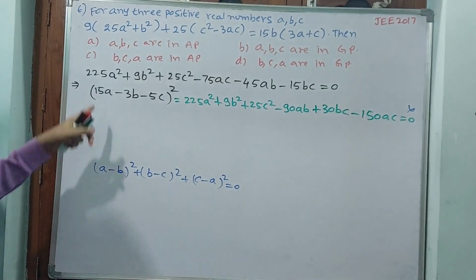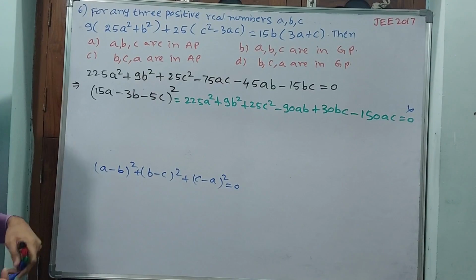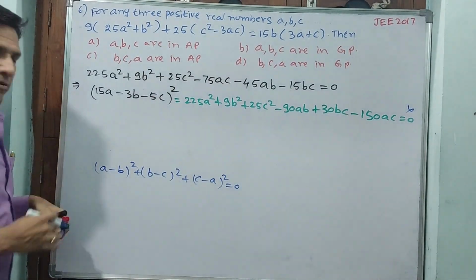What will happen? a means here 15a, b means 3b, c means 5c. Okay? Like that we will take and we will apply.